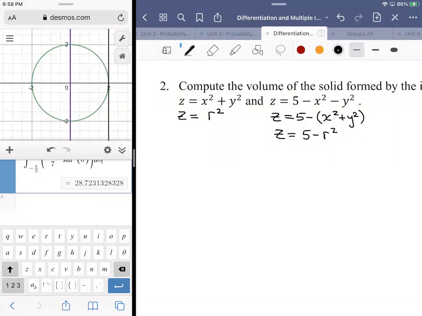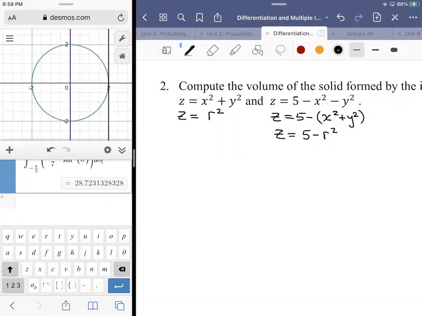Whatever the lone constant is, it's going to be your y-intercept. So that's all well and good. I know which one is which. The 5 minus r squared is going to be the downward facing one, so it's going to be a cap to the whole thing.